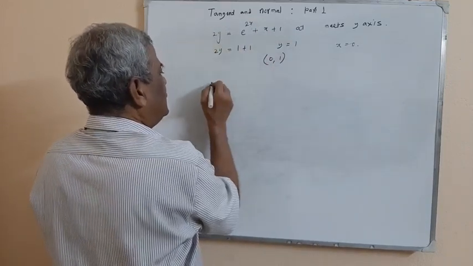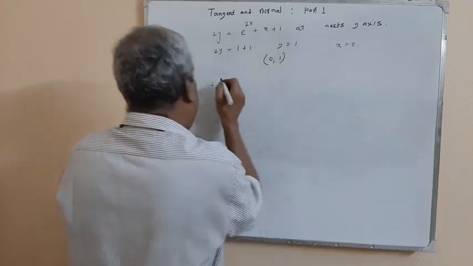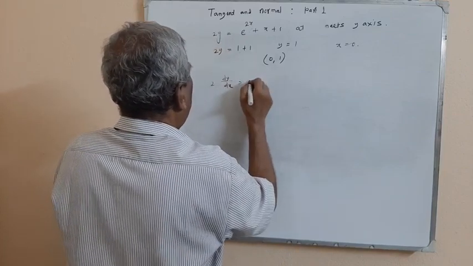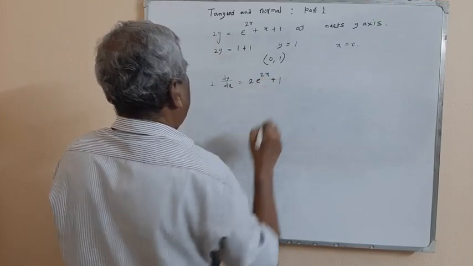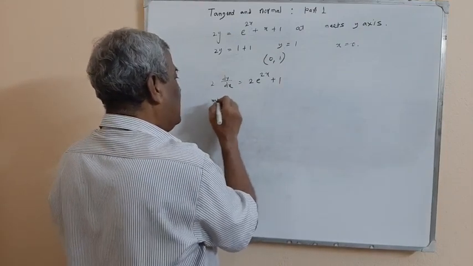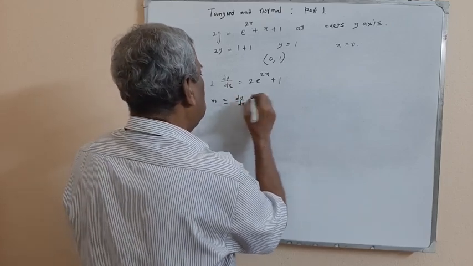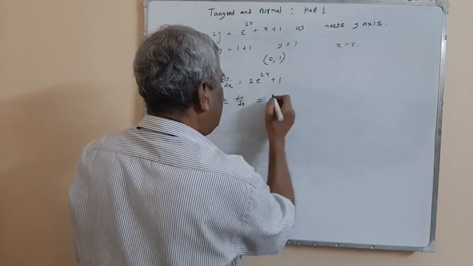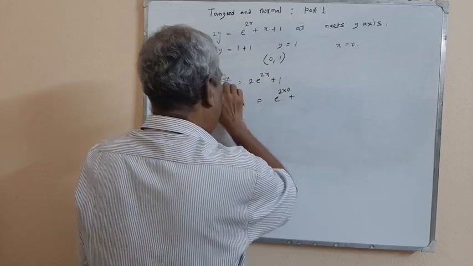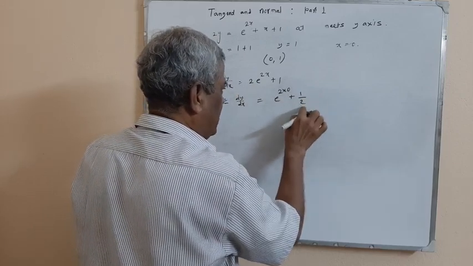From the curve 2y = e^(2x) + x + 1, differentiating both sides with respect to x, we get 2 dy/dx = 2e^(2x) + 1. So at this point, m = dy/dx = (2e^(2·0) + 1)/2, this divided by 2 is that.